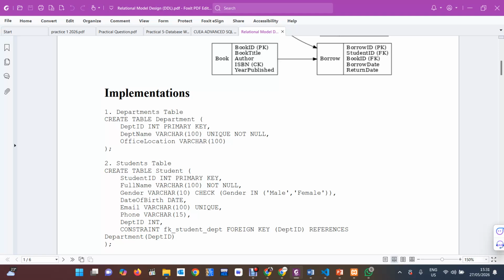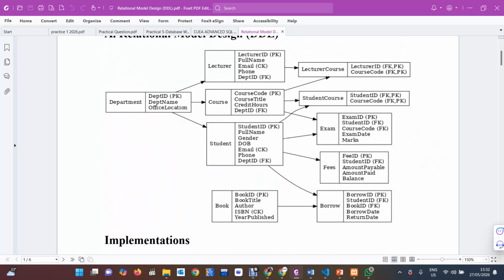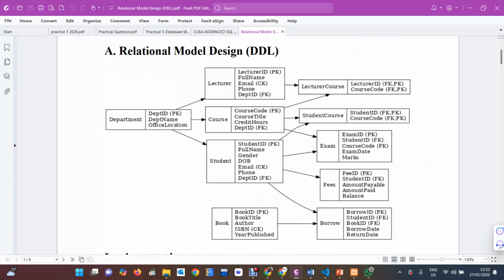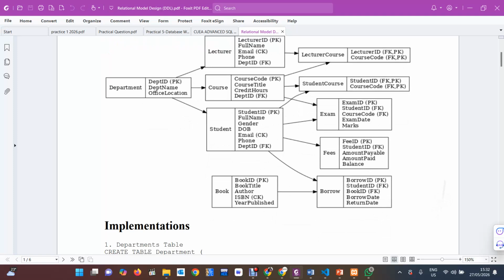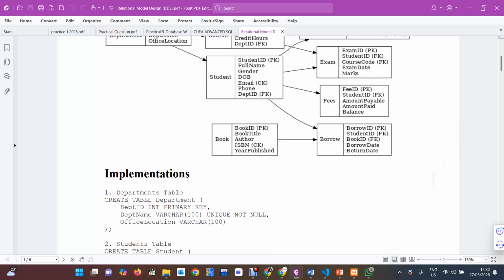So for you to create a table for the department, you have to use the term create table, then you give the name of that table. So we are starting with department. We will do for course, for lecturer, student, book, exam fees, borrow, student course, and lecturer courses.